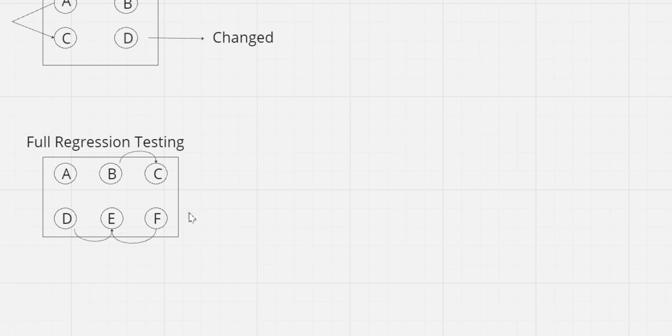Finally, what you will do is test not only the changed features but all the remaining features in the application. Why will you test all features? Because if the developer is making changes in most of the modules, don't waste time finding out all the impacted areas. It is a waste of time. At that time, it is highly preferable to proceed with full regression testing. This is known as full regression testing.